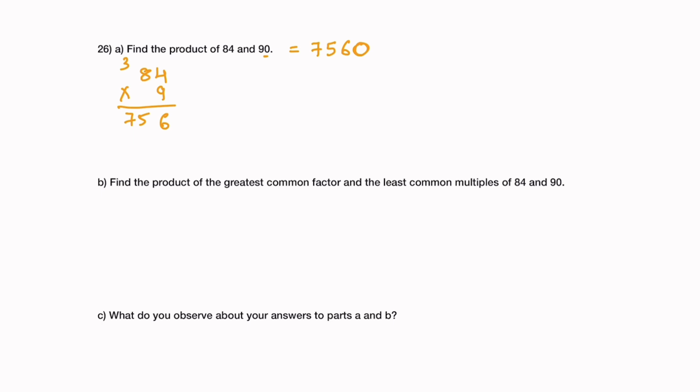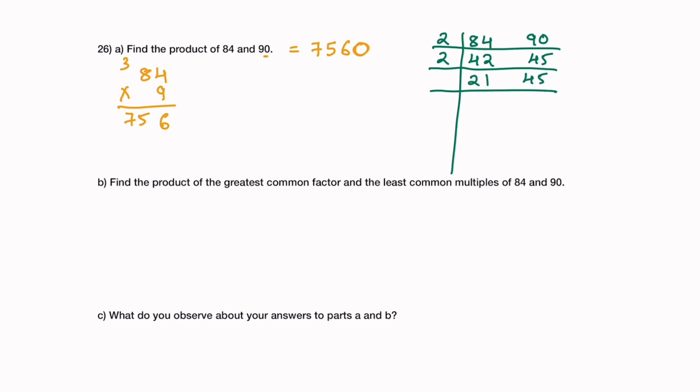So let's first find the LCM. So I'll do it here. 84 and 90. That's 2, that's 42, and that's 45. Again with 2, that's 21, and that's going to be 45 as it is. Now, 2 is not possible, so we'll do with 3.